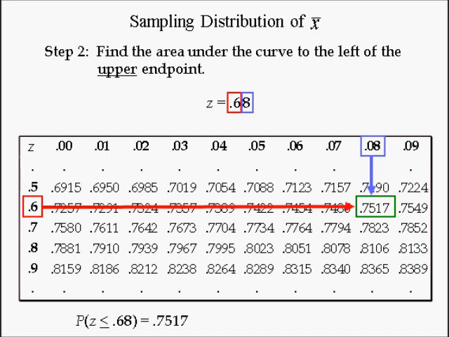The probability of being less than or equal to 0.68 is 0.7517. Because 1003 is 0.68 standard deviations above its mean of 993, the probability that the sample mean is less than or equal to 1003 is 0.7517 as well.